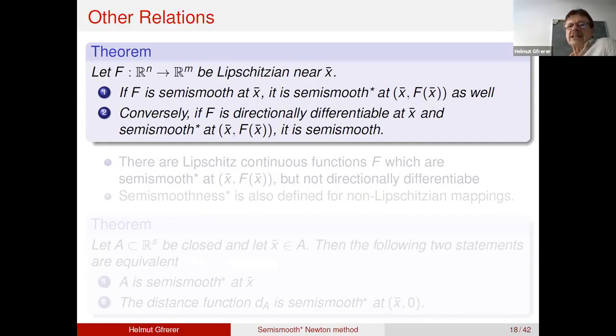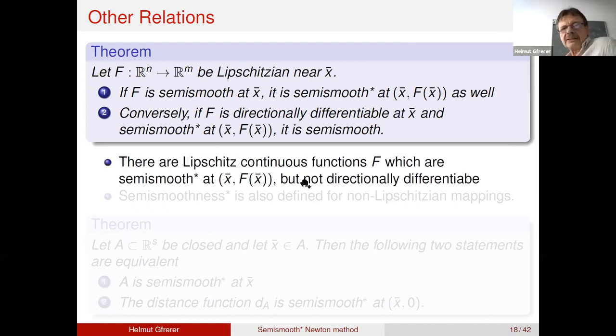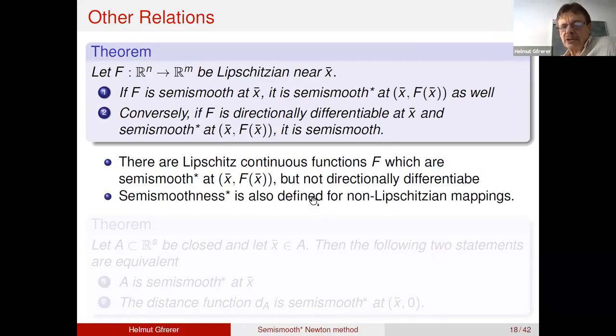Conversely, if F is directionally differentiable and semismooth star, it is also semismooth. So semismooth star is a little bit more general than semismoothness for Lipschitzian mappings, because the semismooth star property is also defined for non-Lipschitzian mappings.